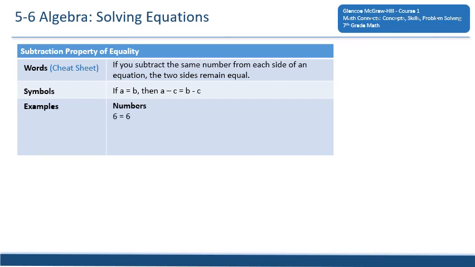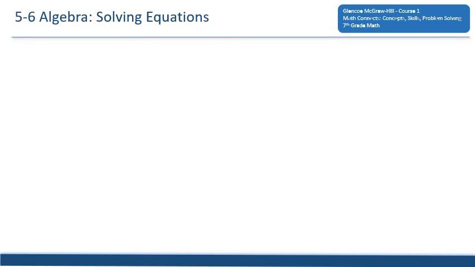In numbers, if 6 equals 6, I can subtract 2 from each side and they'll still be equal. In algebra, x plus 2 equals 6. If I subtract 2 from each side, x equals 4. And spoiler alert, x equaled 4 before we subtracted 2 from each side, since 4 plus 2 equals 6.